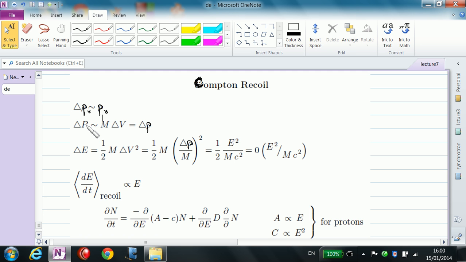Delta big P is the amount of momentum that the scatterer picks up, and therefore, by conservation of momentum, M delta V is equal to delta little p, because with the photon loss, the heavy particle gained in terms of momentum. I don't know why this is approximate here; it should be an equality sign. Why is this not sticking?